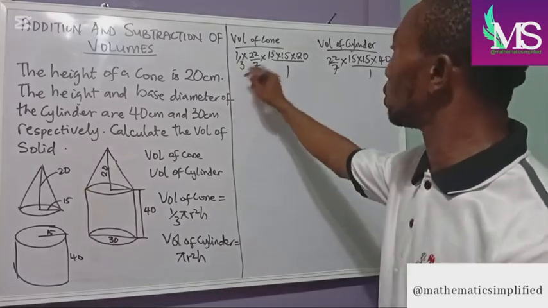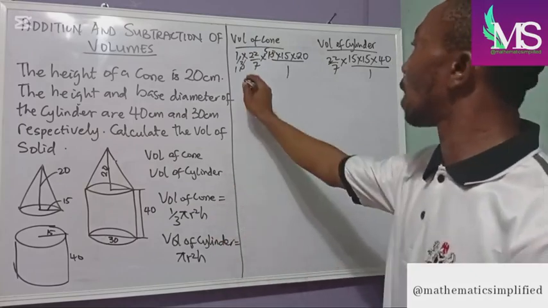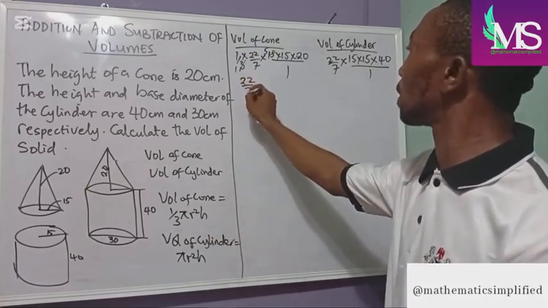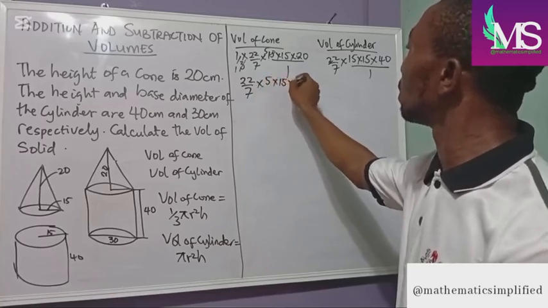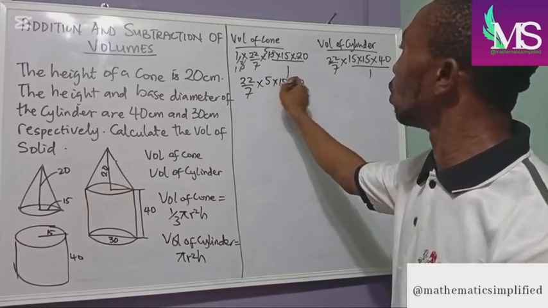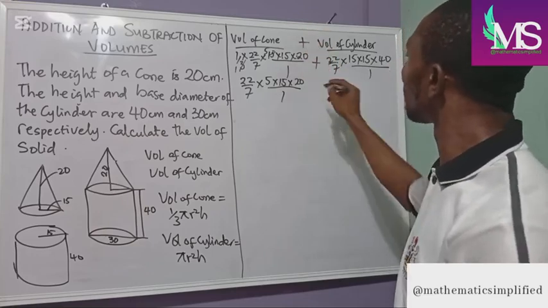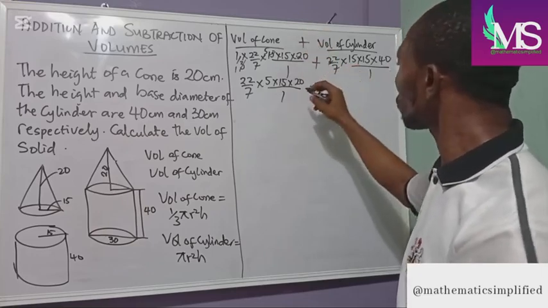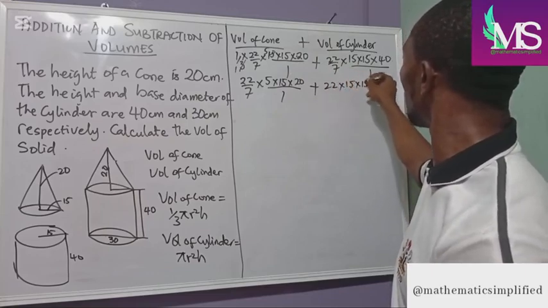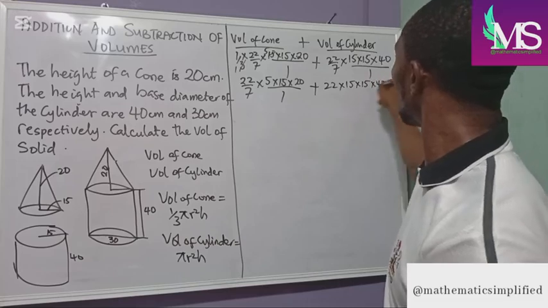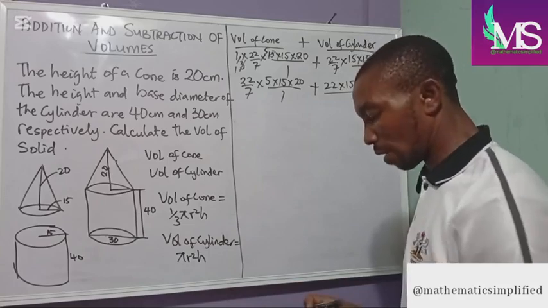Now, if we calculate this, 3 here, 1, 3 here, 5. Okay, we are having 22/7 times 5 times 15 times 20, all over 1, plus 22 times 15 times 15 times 40, all over 7. Alright, what are we going to have?